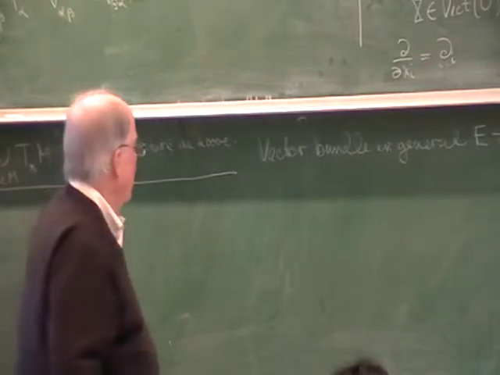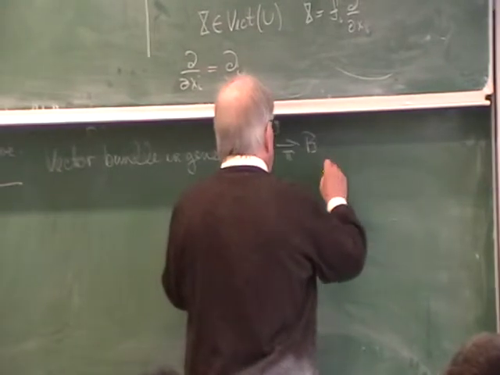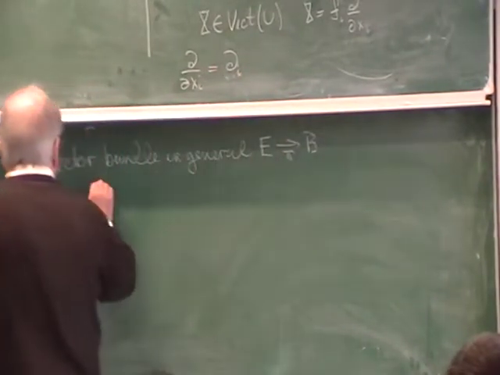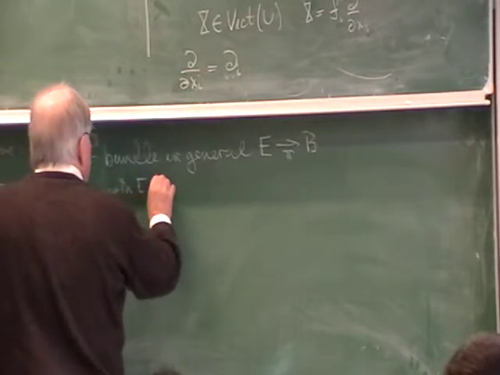So in general, it's a vector bundle. In general, smooth means smooth upstairs, smooth downstairs.